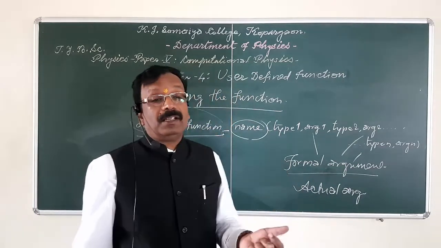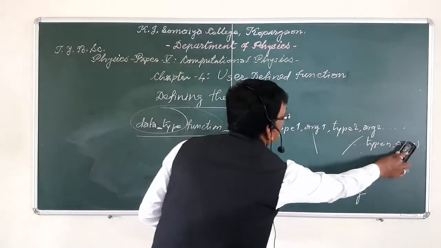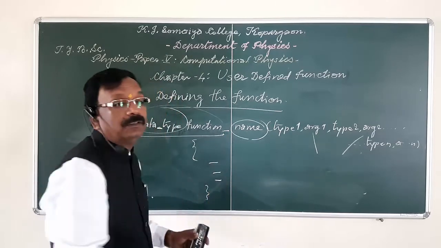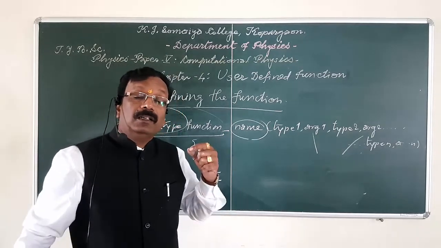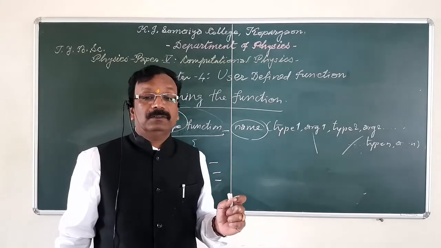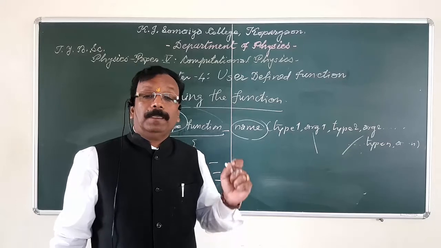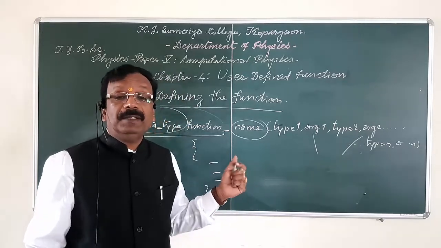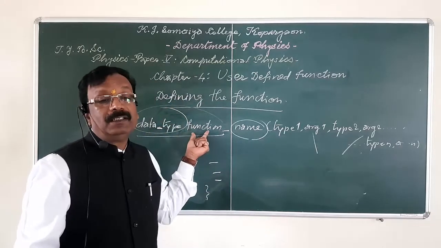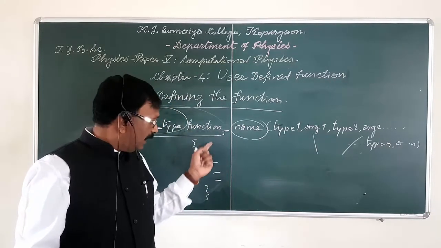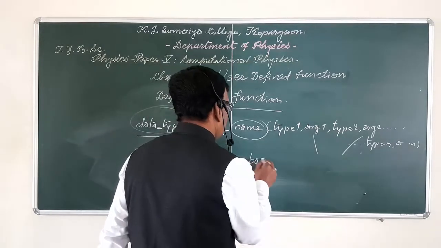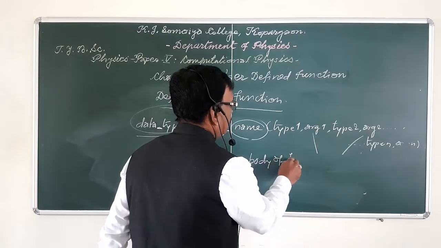The remaining part of the function is called a compound statement that defines the action to be taken by the function. And this compound statement is also called the body of the function.